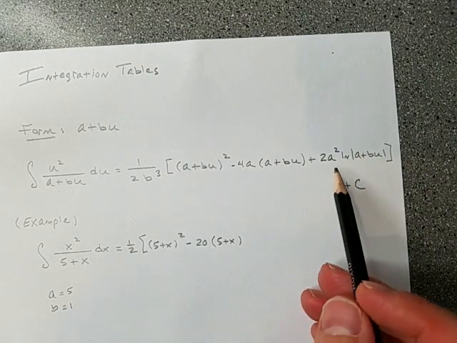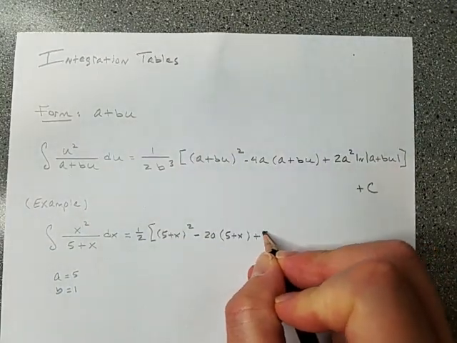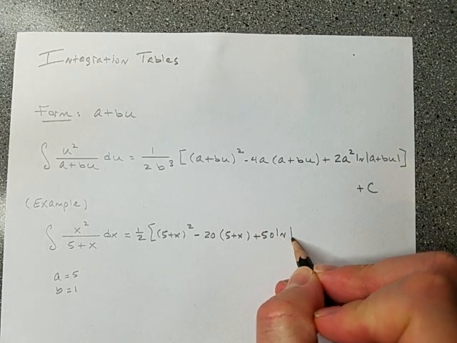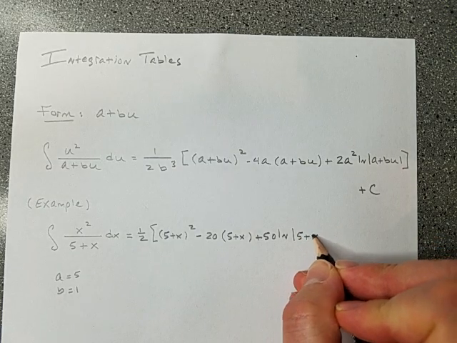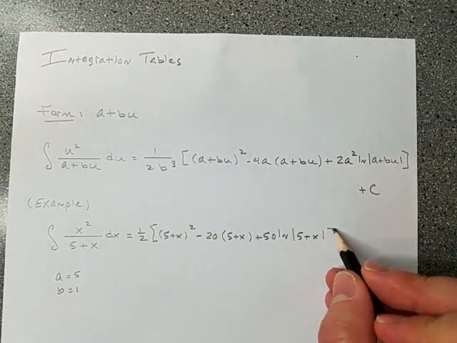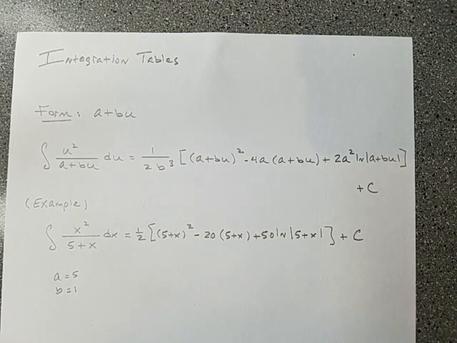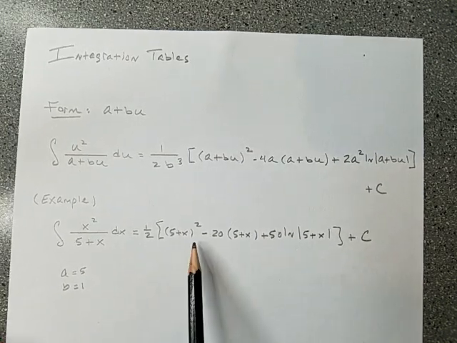And then 2a squared, so a is 5, so that's going to be plus 50, okay? And then natural log of a plus bu, so that's going to be 5 plus x again. All right, so it looks like I got all that, and then it's just plus c for our constant of integration.